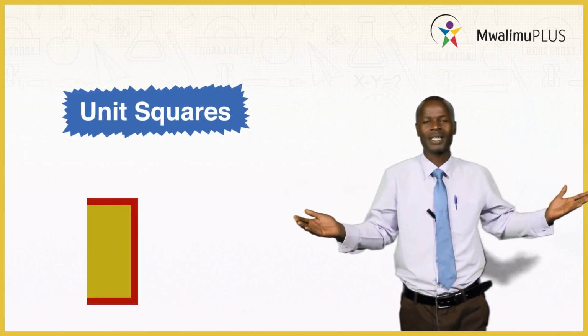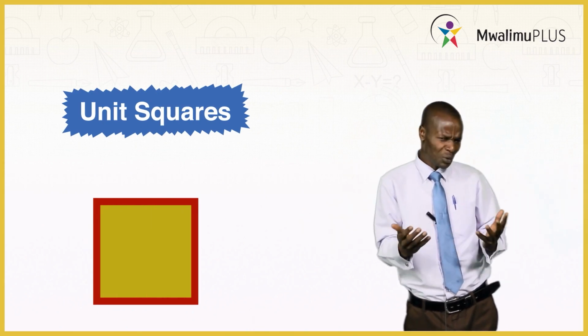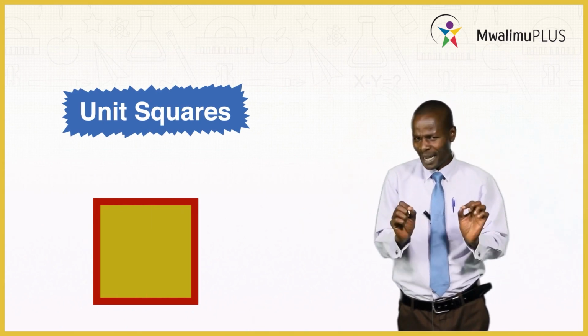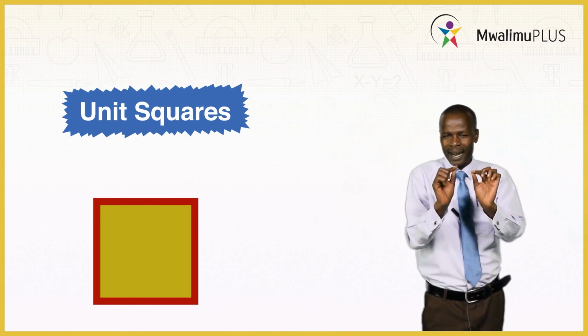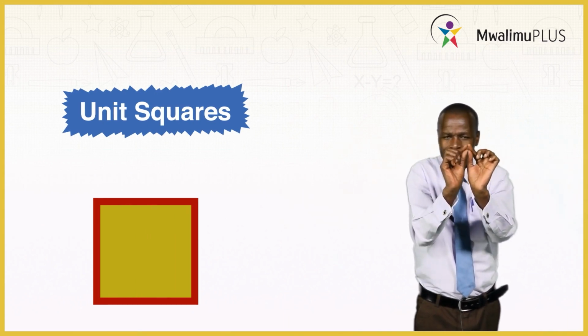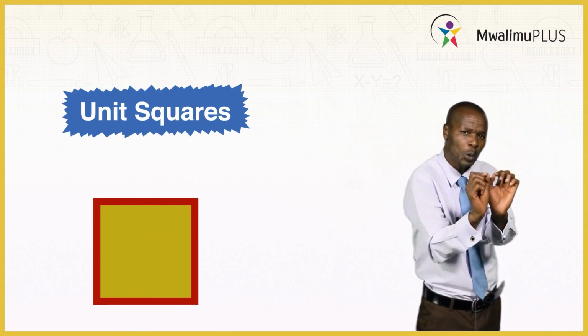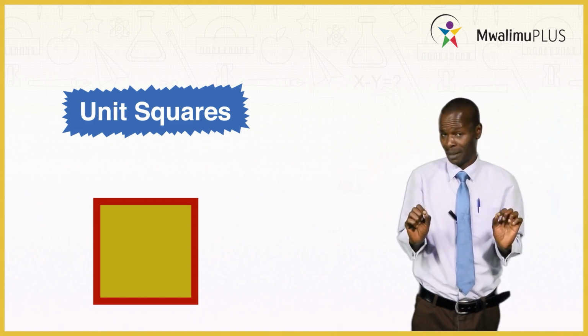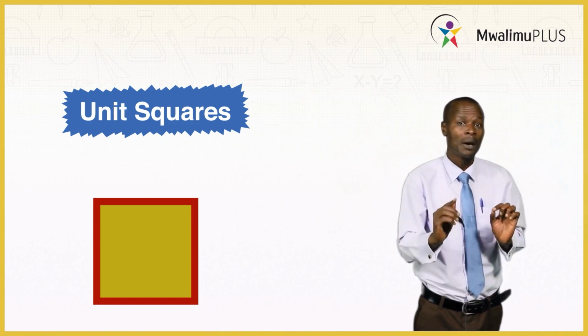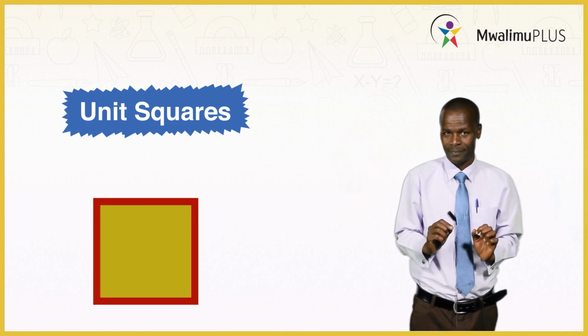Now, what's a unit square? A unit square is actually a square. It's a two-dimensional shape that has got four sides.